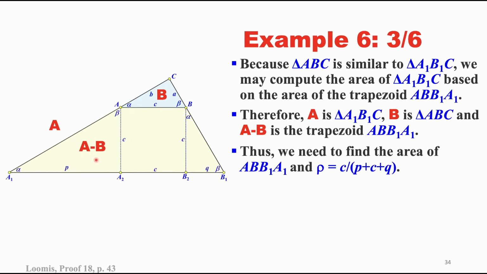We call it A minus B. So what we need to do is calculate the area of this trapezoid, and rho. What is rho?